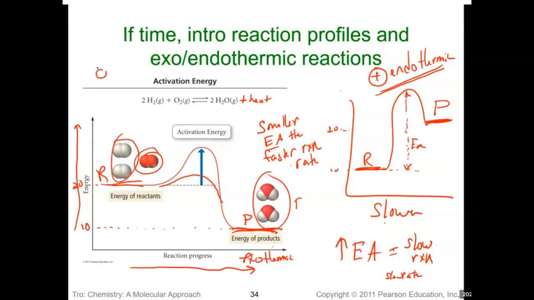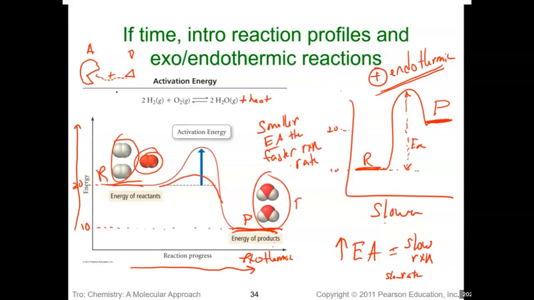If you have a reaction, something that looks like this, let's do a Pac-Man. So here's reactant molecule A. And here's reactant molecule B. The only way these two can react is if B hits A right there.